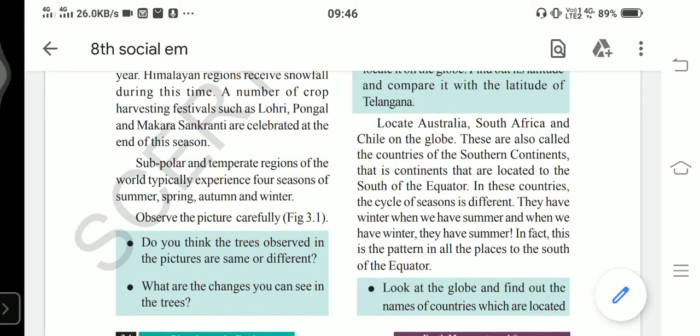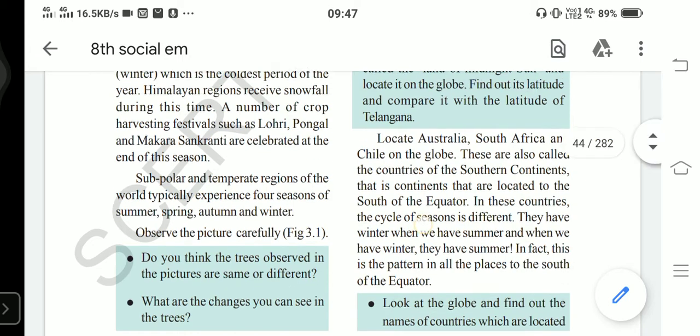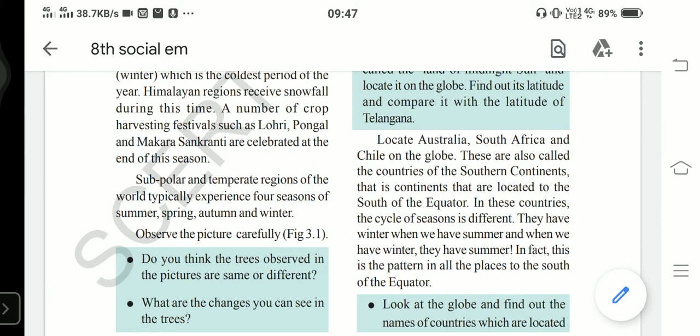South Africa and Chile. These are to be located on the globe. These are also called the countries of a southern continent, because Chile, South Africa, and Australia are located to the south of the equator.